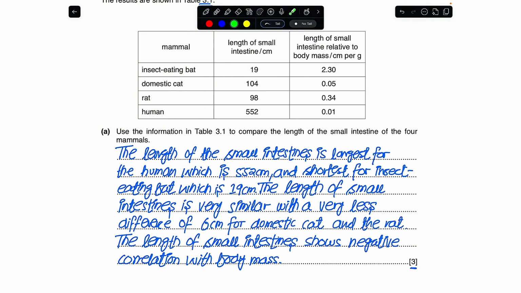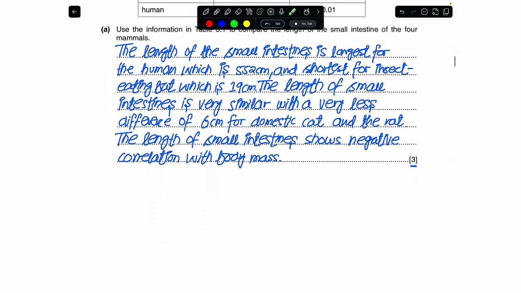Moreover, if you were to write an alternative value point, you would say that the length of the small intestine has a negative correlation with the relative body mass, because if the length is increasing, the length relative to the body mass decreases. So this would help you score 3 marks.